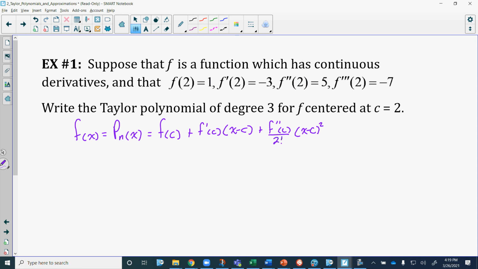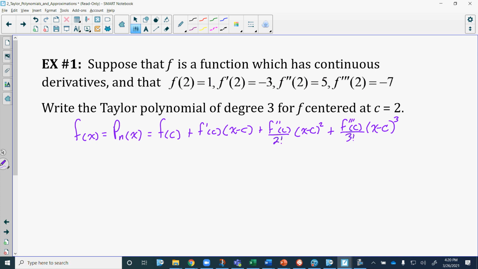So there's our second degree, and one more: f triple prime of c over 3 factorial times x minus c cubed. So that's the generic one, and because it's asking us to go to a third degree, this is as far as we need to go.